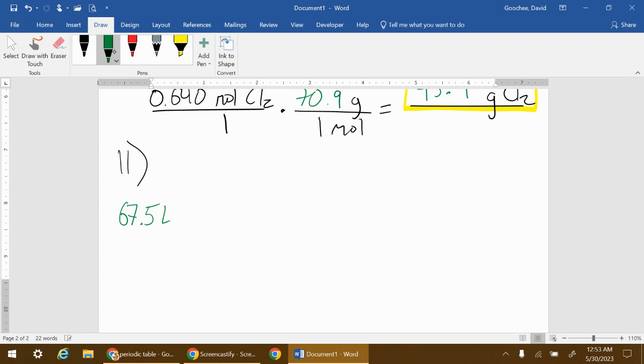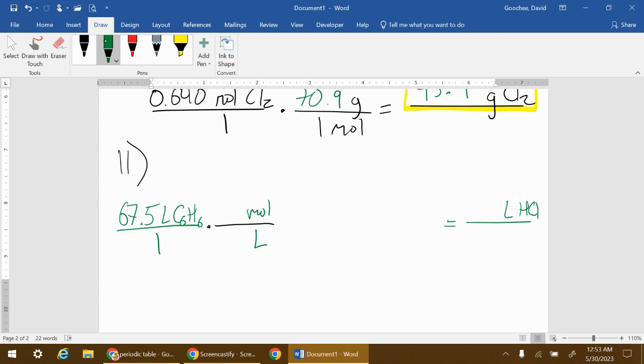67.5 liters of benzene. And I want to know how many liters of HCl will be produced. So, first step is we have to get out of liters of this stuff into moles of this stuff.